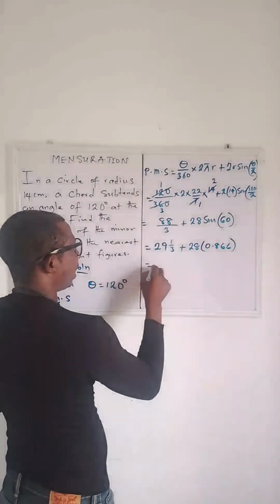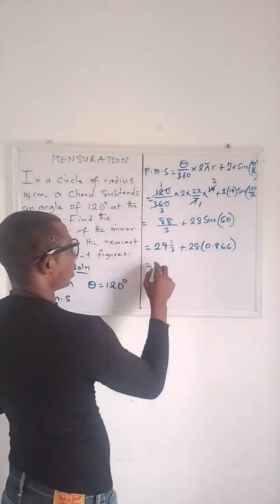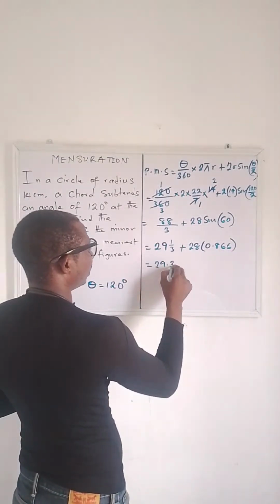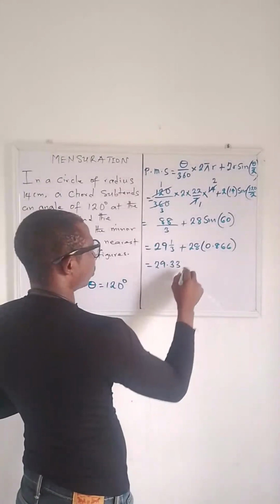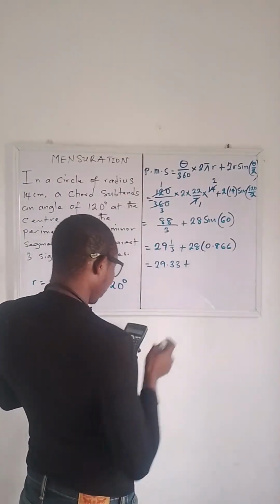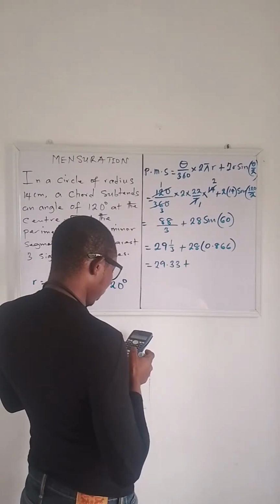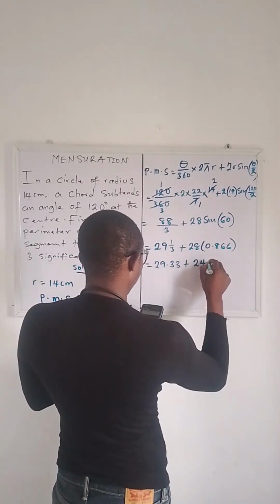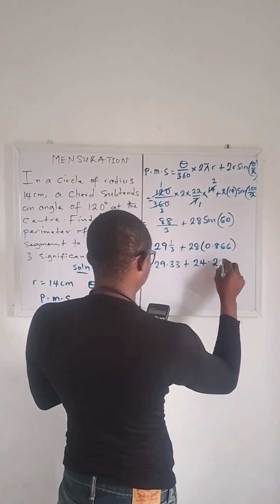Okay, so now this is the same thing as 29.33 and so on, plus, now let's multiply this times 28. What do you have? You have 24.25.